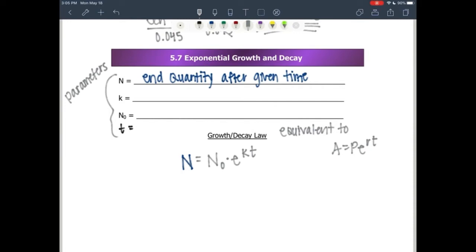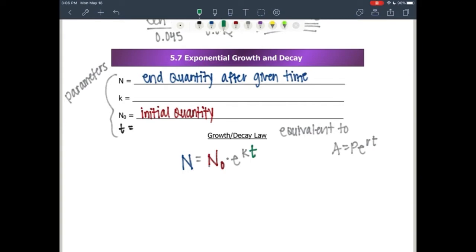So for instance, your initial quantity for a given problem will never change. The initial amount is the initial amount. So your initial quantity, which is N sub 0, will be constant in any given problem. However, your end amount usually is the quantity that changes, because when our time changes, so does our end quantity.